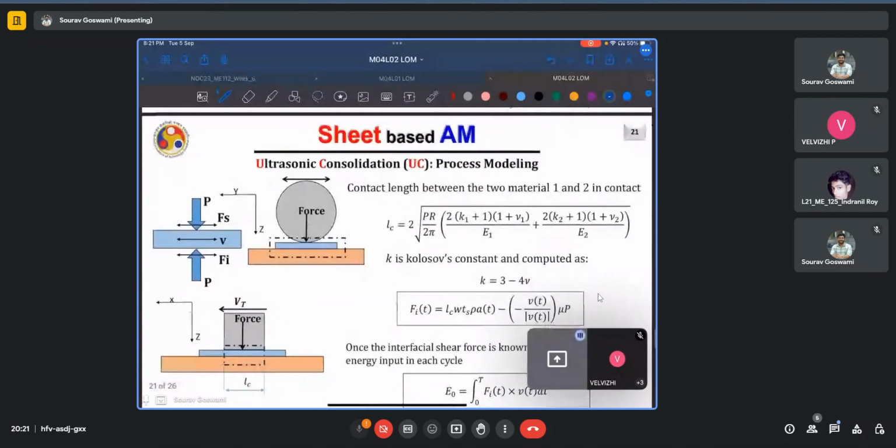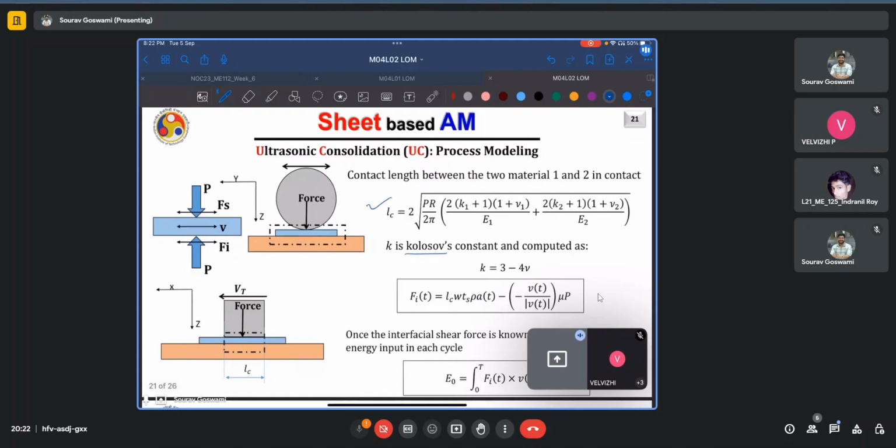The contact length can be found from the contact mechanics equations as given here. And here, nu is actually the Poisson ratio, and E is the Young's modulus or the elastic modulus. K is Kolosov's constant and is computed in terms of the Poisson ratio. Thus, the interface force or the interfacial shear force can be calculated.